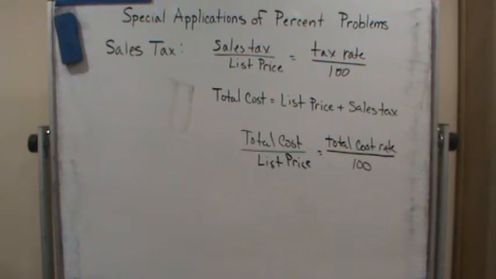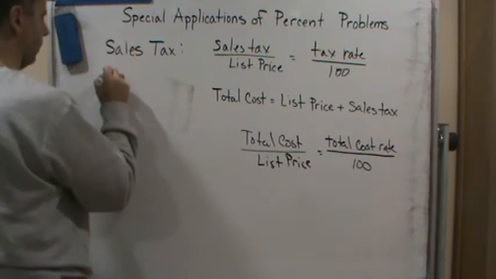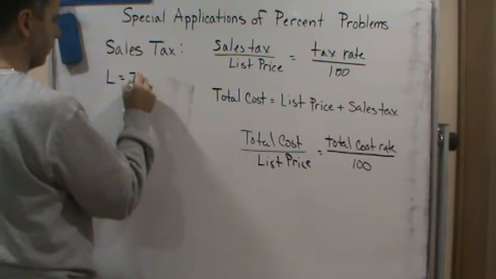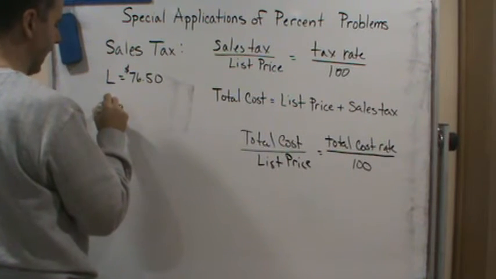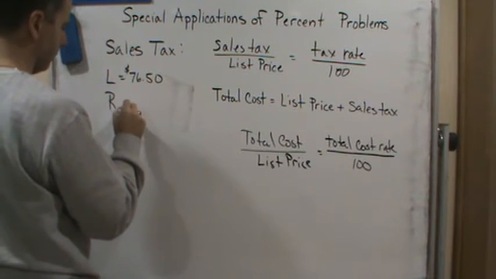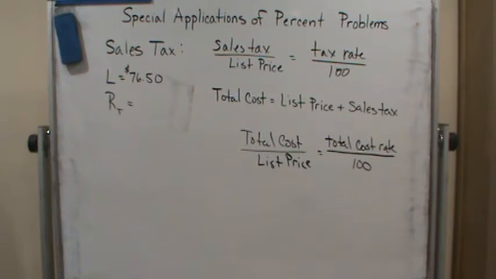So the list price for this multimeter is $76.50. The sales tax, or I'll call it R sub T for tax rate, is 7.75%.